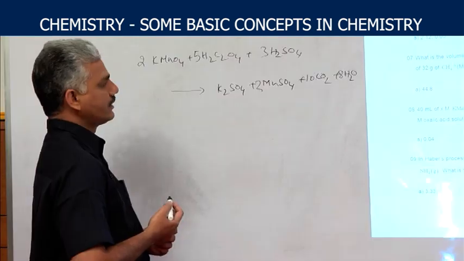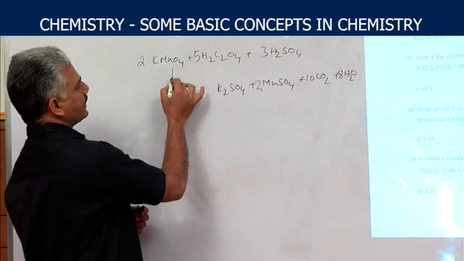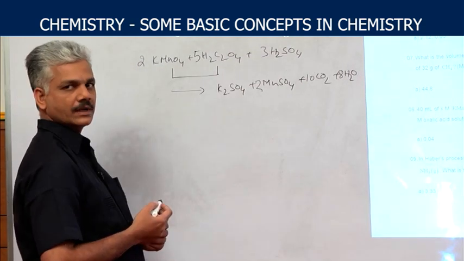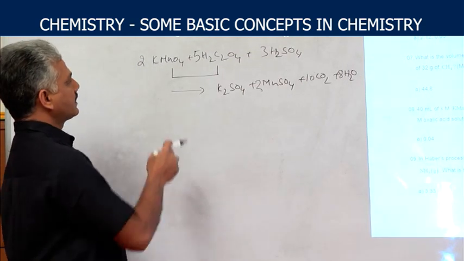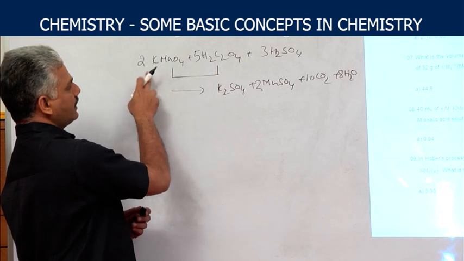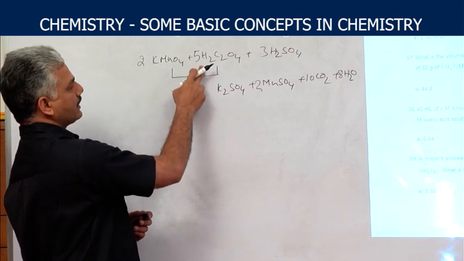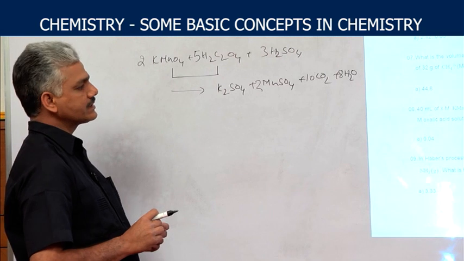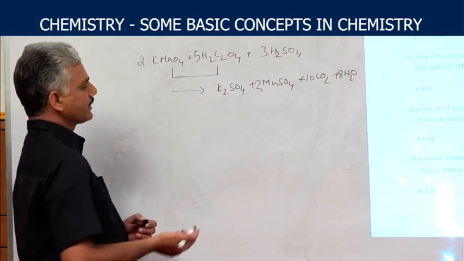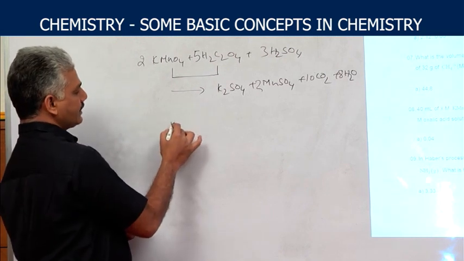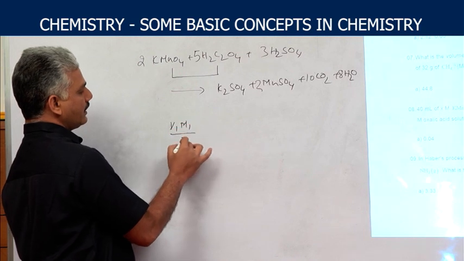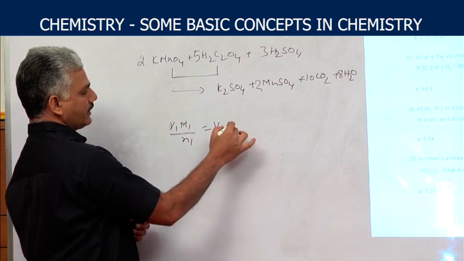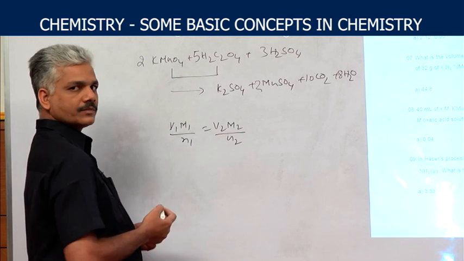So, the relation required is between potassium permanganate and oxalic acid. As per the balanced equation, 2 moles of potassium permanganate react with 5 moles of oxalic acid. The law of titration is V1 M1 by N1 is equal to V2 M2 by N2.